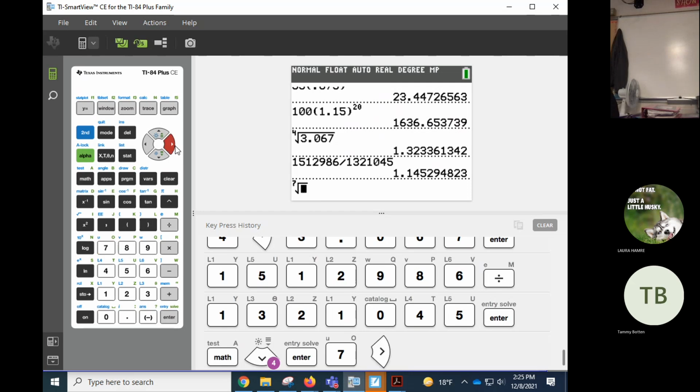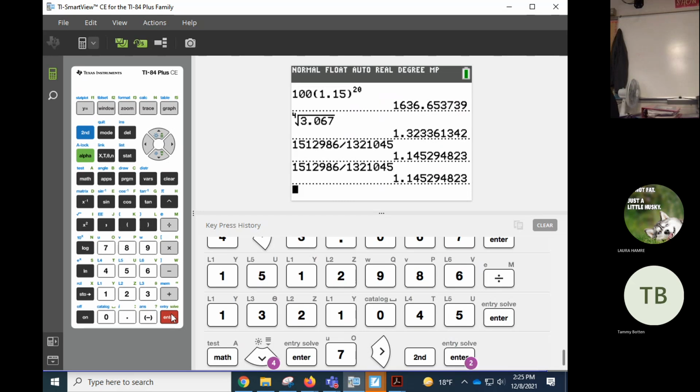And then if I go down to here, did you guys all know that if you go second, enter, it will pull down the last answer? Where'd you find it? What's that? To the 1/7, yes.